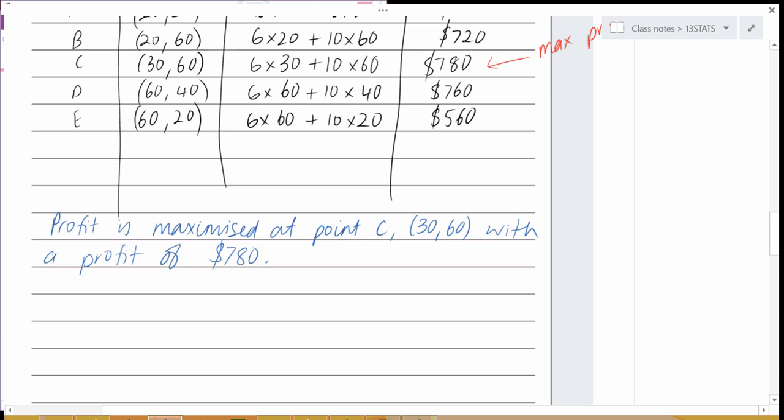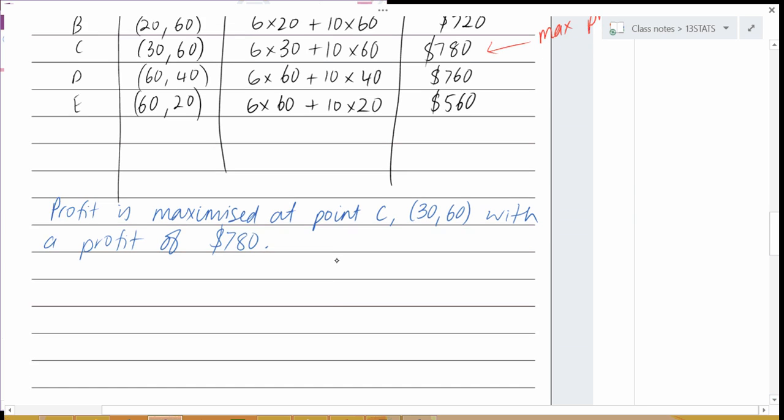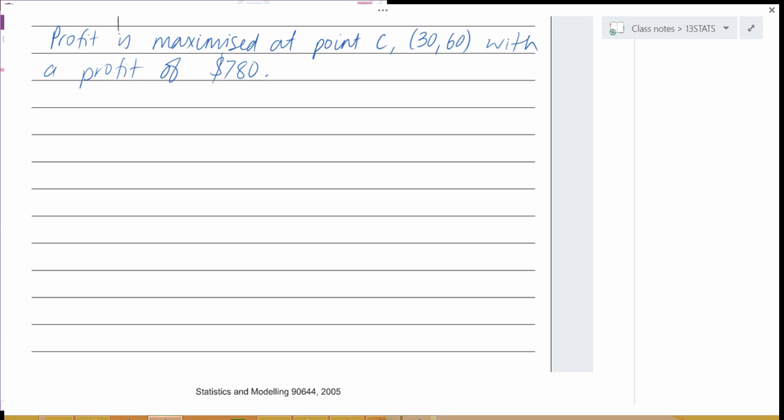We really ought to put it in context, and just remember that X is the number of medium size frames and Y is the number of large. So let's interpret that in terms of medium and large frames.